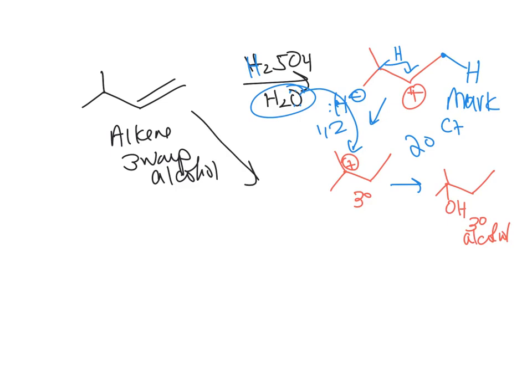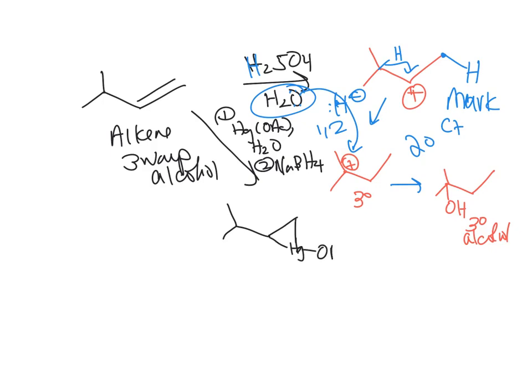If we do what we have here, mercury acetate in water, and then we react that with sodium borohydride, then we get this intermediate with the mercurinium ion, and then we have our nucleophile, the water, the lone pairs.